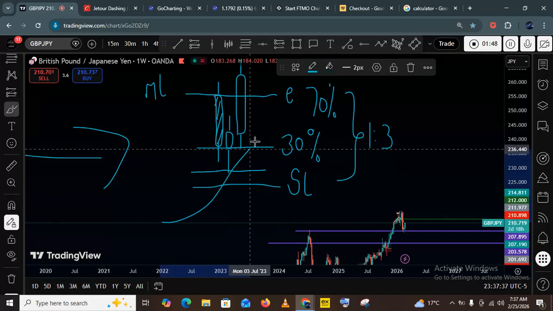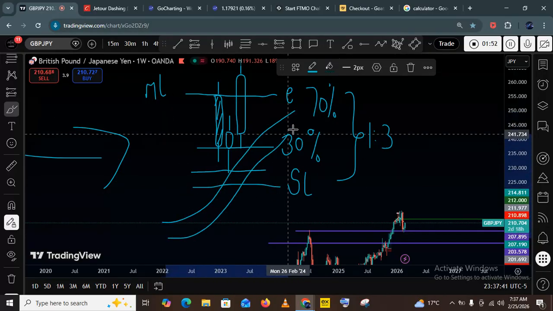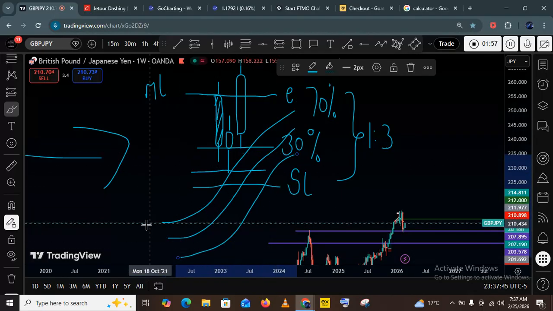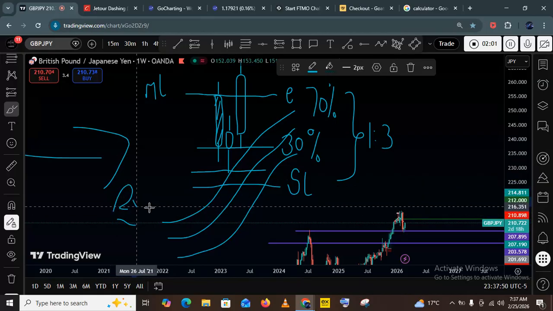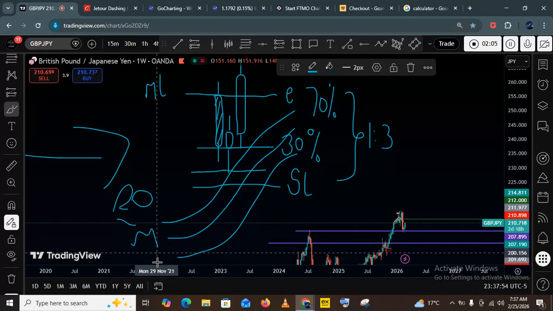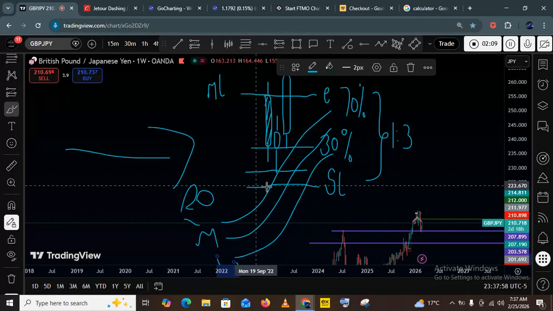You will have these moving averages like this. This will be your first moving average, your second moving average, and your third moving average. This will be the 20 high, the 20 median, and the 20 low. Right?